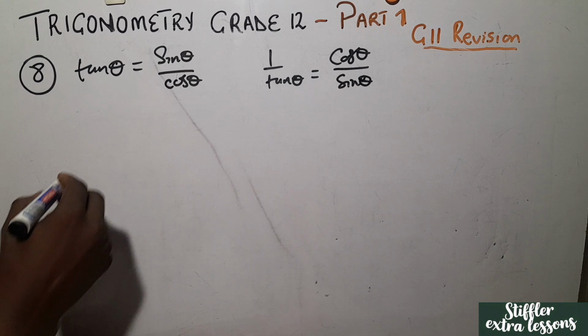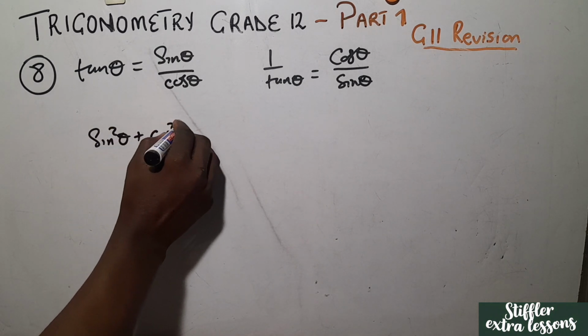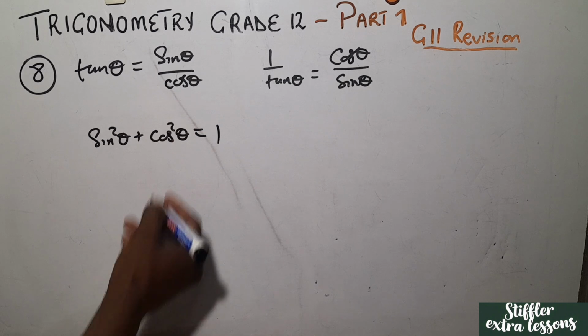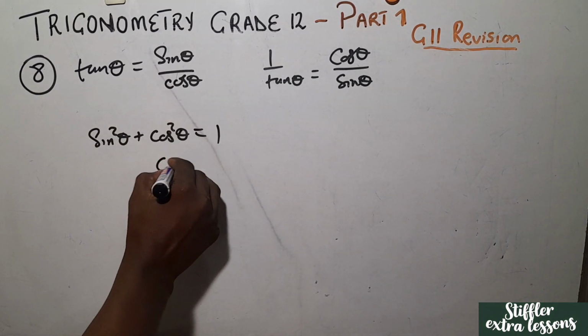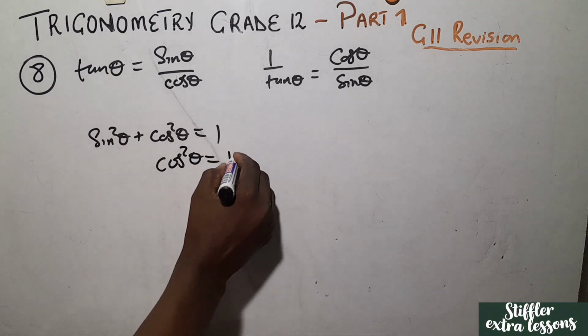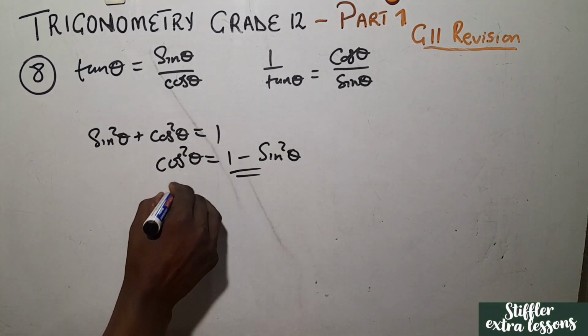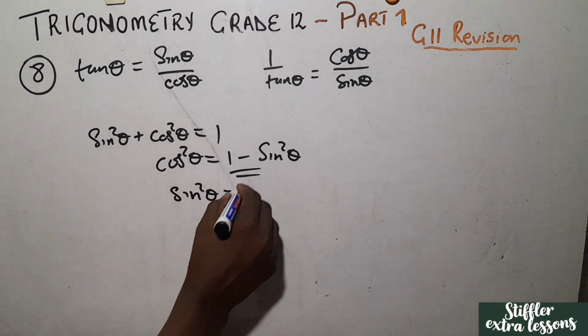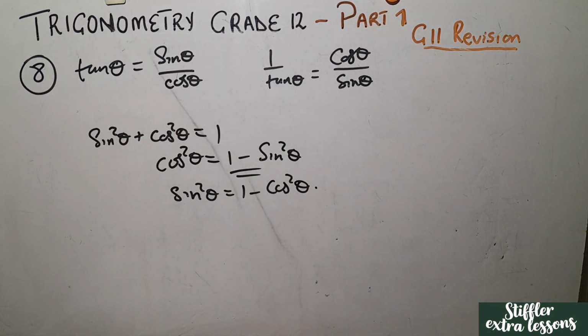And another identity, we know that sine squared theta plus cos squared theta is equal to 1. So which will mean that if we move things either way, cos squared theta becomes 1 minus sin squared theta. Don't forget this. And sin squared theta is equal to 1 minus cos squared theta. Don't forget this, my guy. It's very, very important, right?